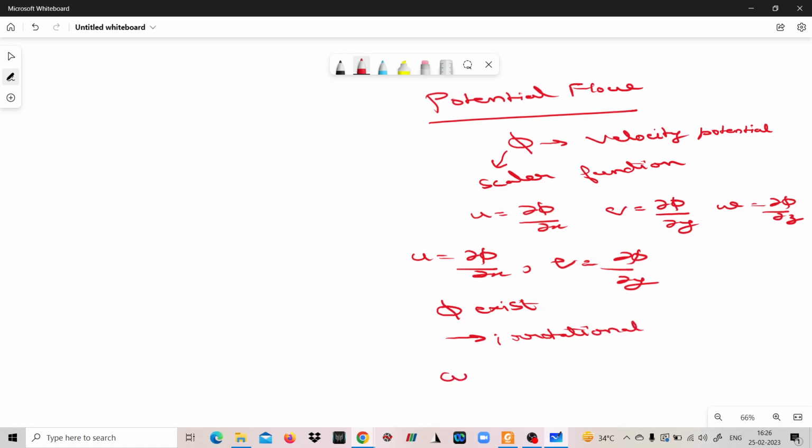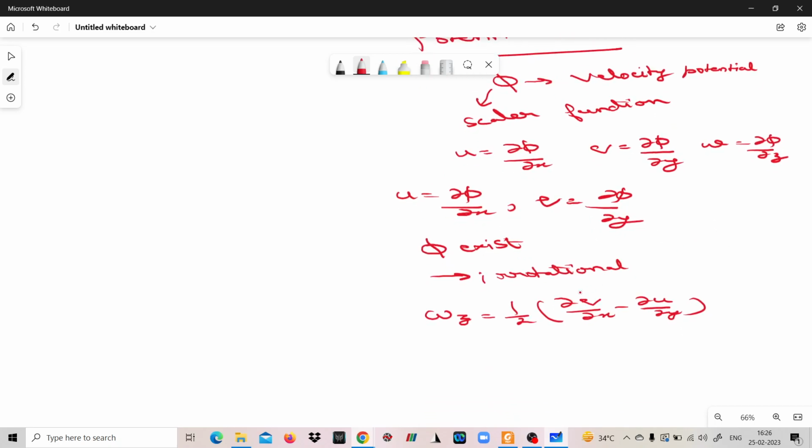For the 2D case, we have seen that omega z is equal to half of (del v by del x minus del u by del y). Now if phi exists, v can be written as del phi by del y, so del v by del x becomes del 2 phi by del x del y, and del u by del y becomes del 2 phi by del y del x.